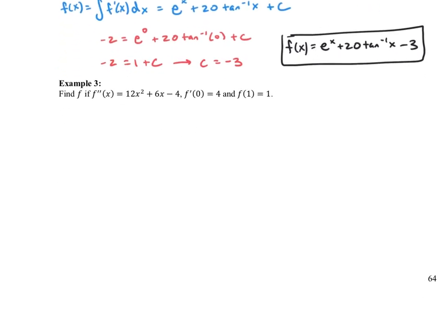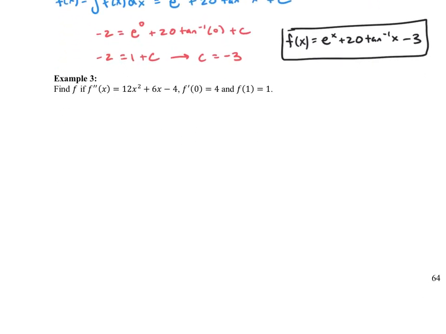So in example 3, we're going to find the function f given the second derivative this time, which means that we have a condition for the first derivative as well as a condition for the function. So our first step is to calculate the derivative by taking the antiderivative of the second derivative of f, which is going to be 4x to the third plus 3x squared minus 4x, and we'll add c.